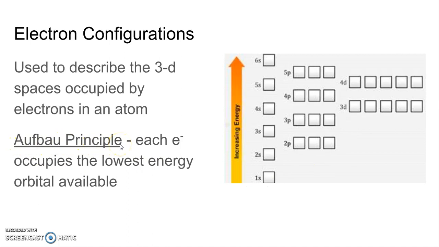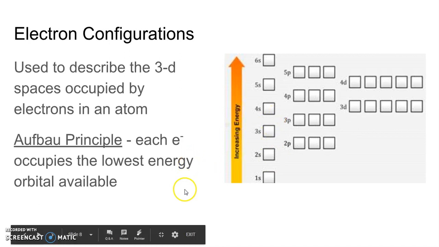The Aufbau principle states that each electron occupies the lowest energy orbital available. And you can see over here, the lowest energy orbital is in the first energy level. It's an s orbital. So closest to the nucleus is lowest energy, and then it's going to fill up out away from the nucleus as the energy increases.